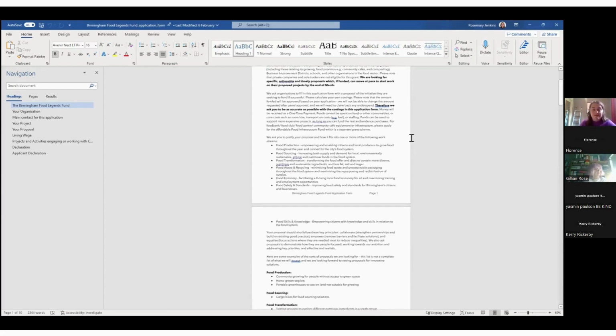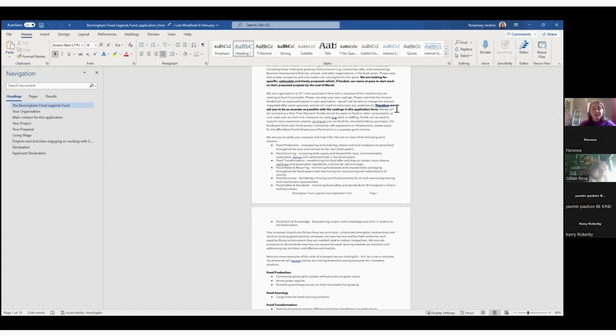Again, this will be a one-time payment. So unlike the Emergency Food Aid Fund, which was monthly instalments, this is all in one go. Funds can't be spent on food or other consumables or core costs such as room hire, transport on costs or staffing. Just to note on the staffing side, that is staffing as a core cost. So you can't fund the job of someone in your organisation, for example.